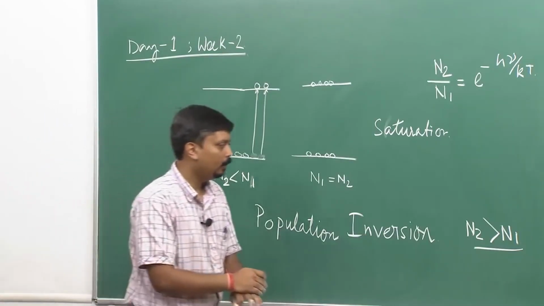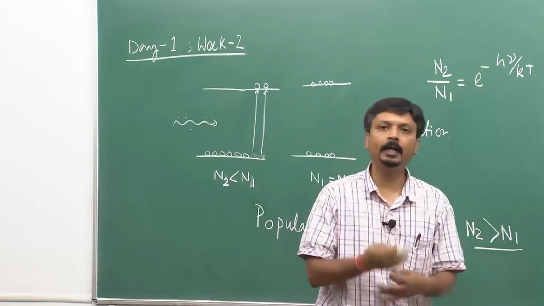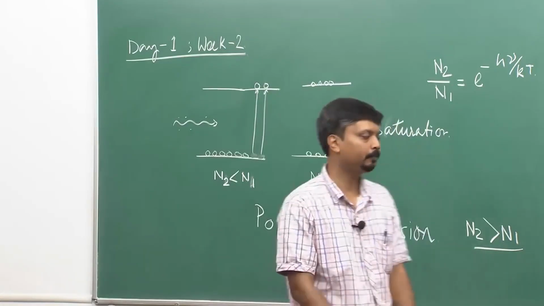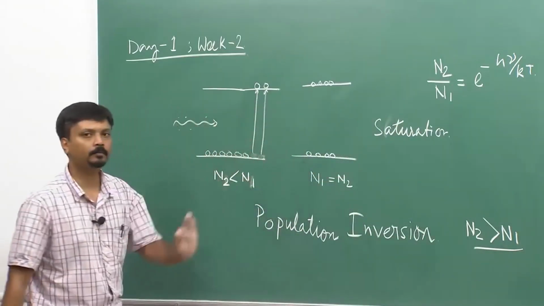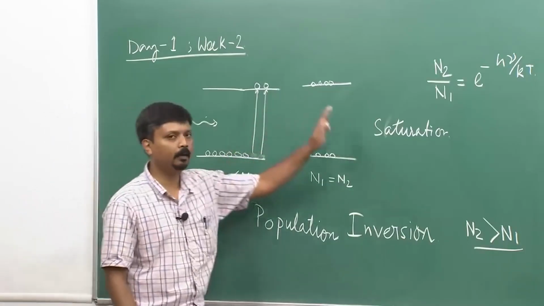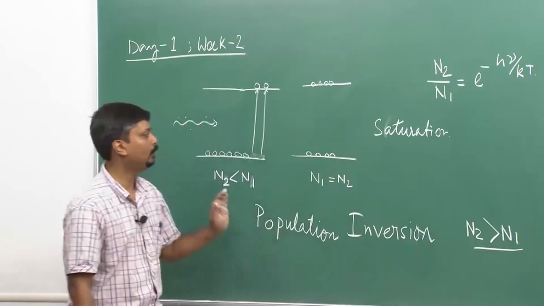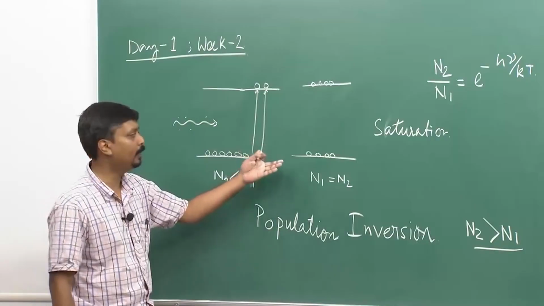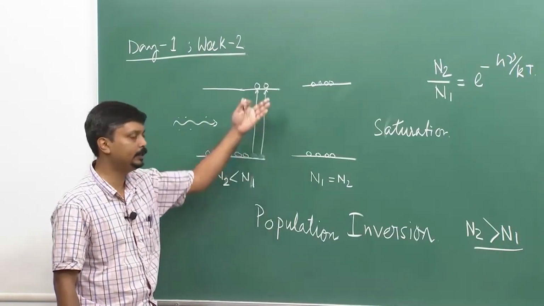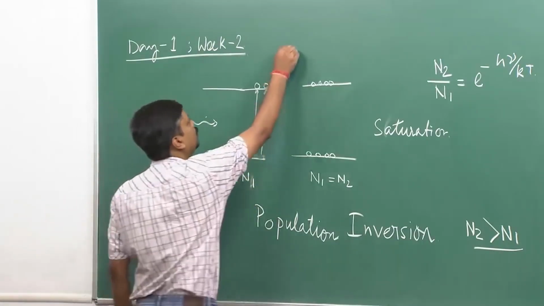Okay. So, how can I get population inversion? Now, here we will describe in detail whether or not we can find population inversion in this system, which is essentially a 2-level system.